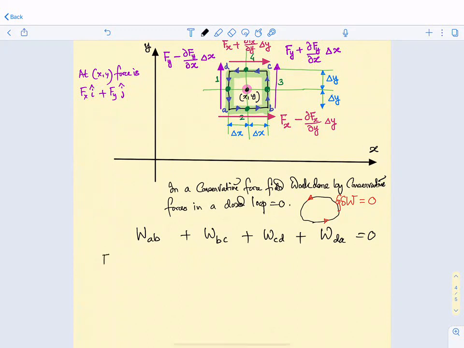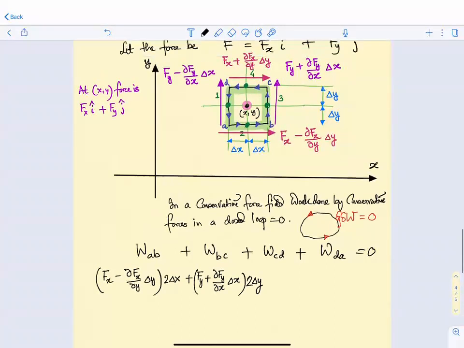So here fx minus del fx del y into delta y, multiplied by twice delta x, plus work done along BC, fy plus del fy del x times delta x, multiplied by 2 delta y.